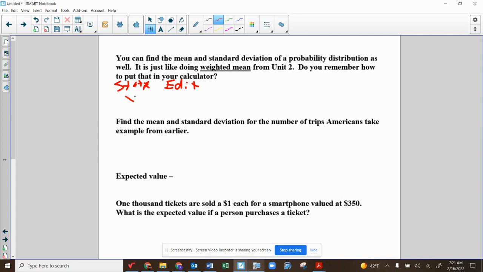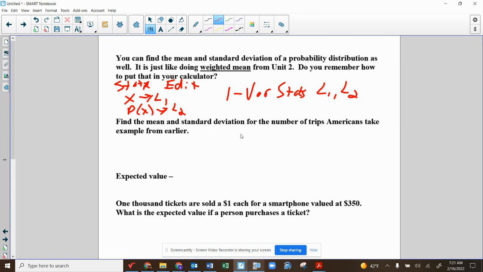Then whatever you're analyzing goes in L1, and your probability of whatever you're analyzing goes in L2. And then you do one var stats, L1 and L2. Depending on what calculator you have, it'll give you either a menu or you have to type this in. I will show you what that looks like here in a second.